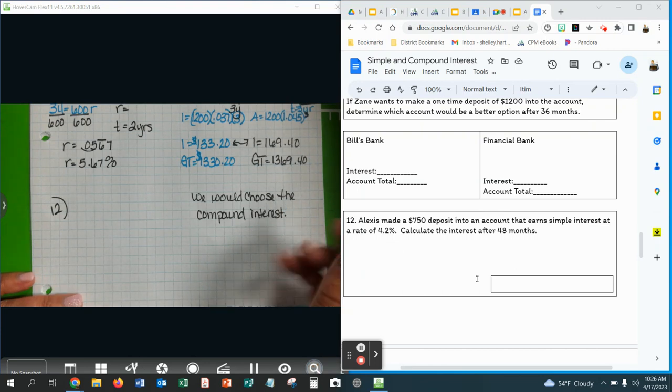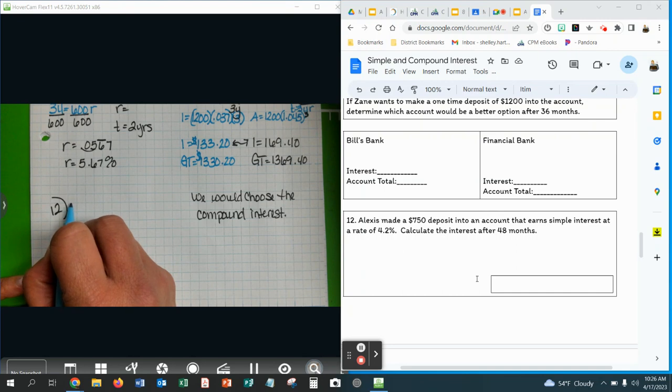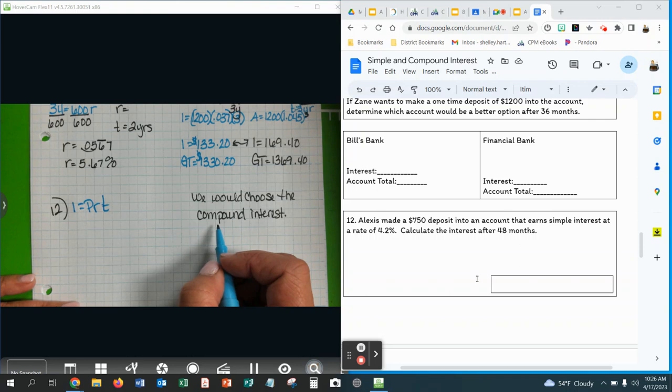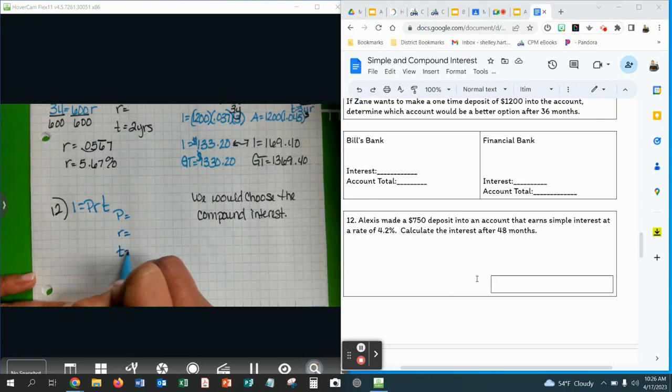Hayden, what do I need to do first? Yes, Lizette. Yep. And? Great. So we should write the formula, right? Awesome. Interest equals principal times rate times time. Great. What else we got? Belle, can you tell me what the principal is? Perfect.